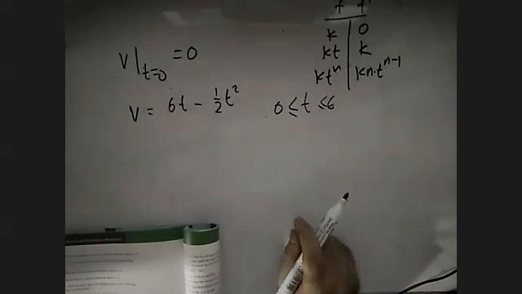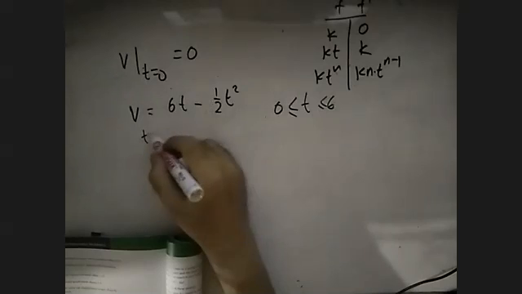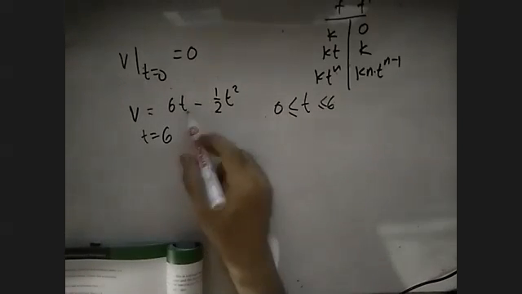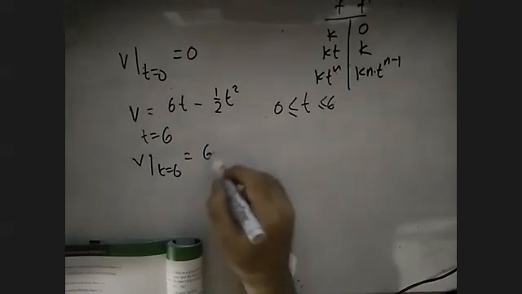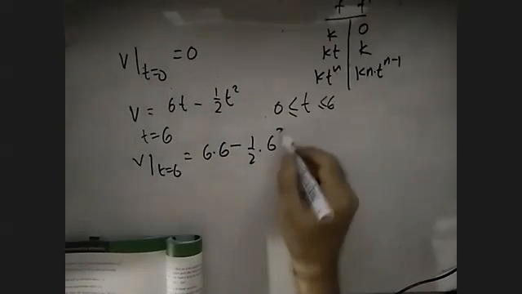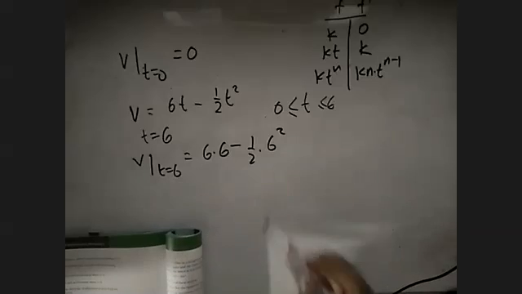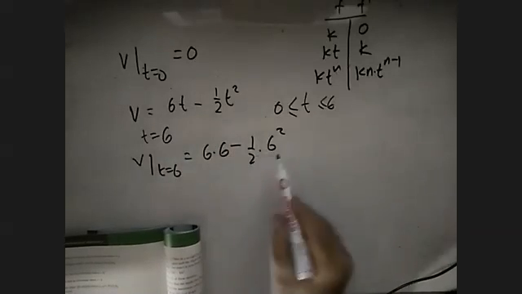So basically they're asking, what if t equals 6? So v when t equals 6 is 6 times 6 minus half times 6 squared. We're going to change t here with 6.